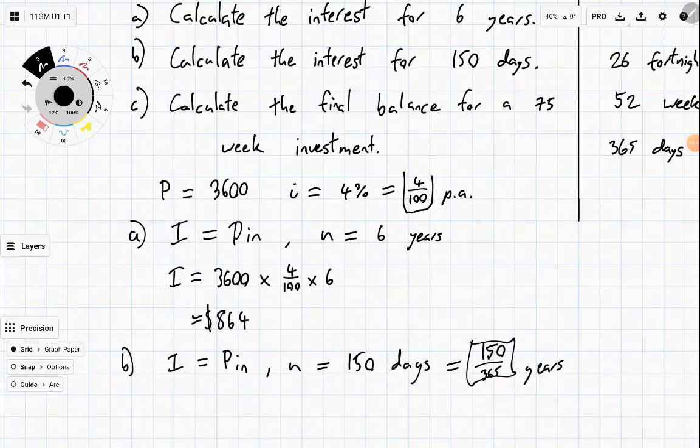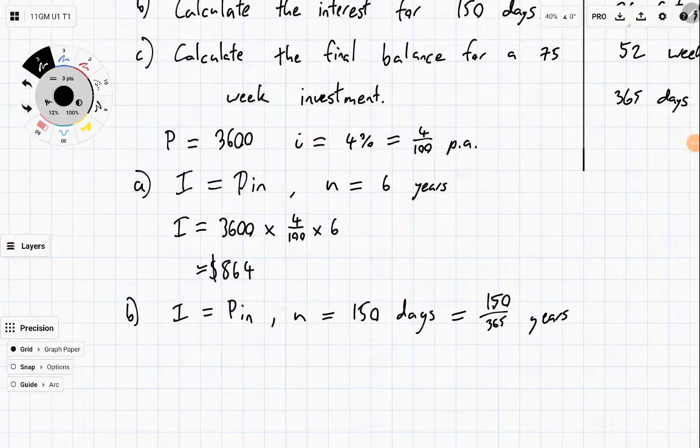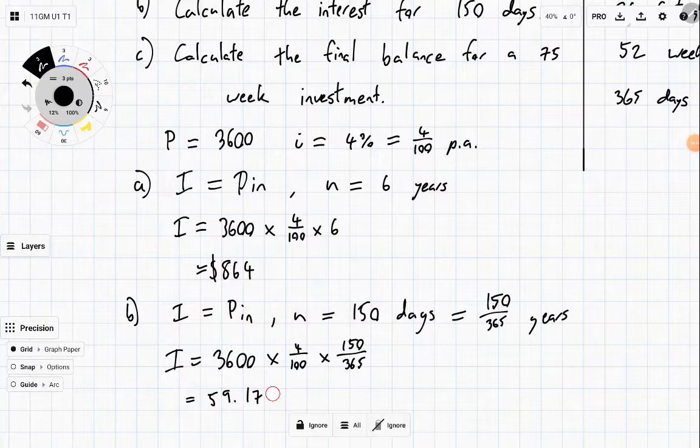The calculator can deal with the fractions for us. So I is equal to 3,600 times 4 over 100 times 150 over 365, and this is equal to 59.178, but we'll round that to $59.18. Alrighty, so that's the interest you'd get after 150 days.